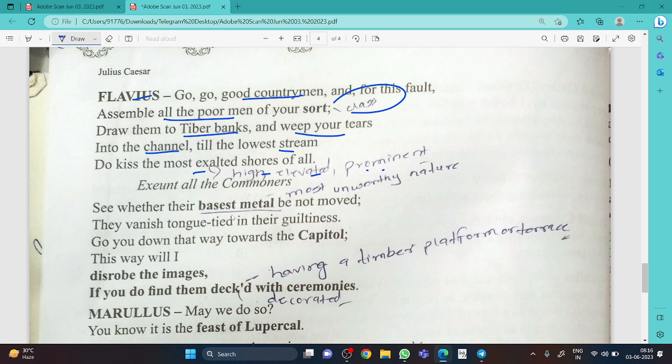As simple as that, Flavius is saying that you fellow citizens, because of your great fault, please gather at the Tiber river and weep in such a way that your tears fill the river, till the lowest stream of the Tiber rises to the top of the bank.